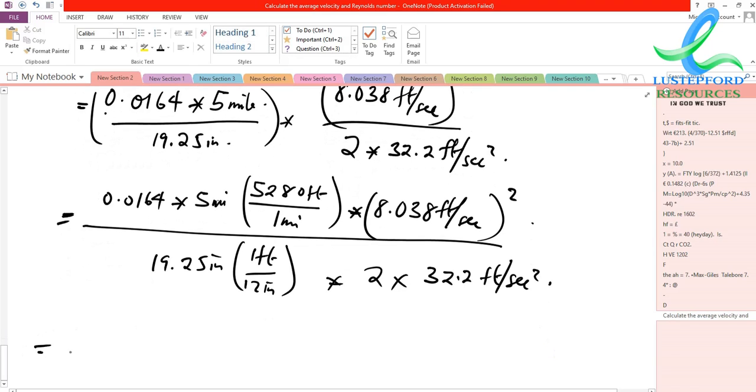Now the whole thing is in feet now. This one will cancel out this, so the whole thing is in feet. So let's see what we'll get if we use our calculator.